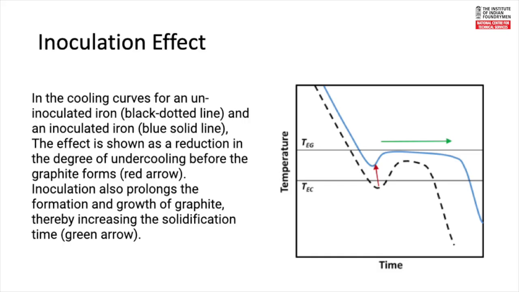So if the nucleation level in the bath is low, then undercooling takes place and the temperature may drop below the cementite eutectic line, and formation of cementite Fe3C will happen instead of carbon coming out of the solution as a solid.